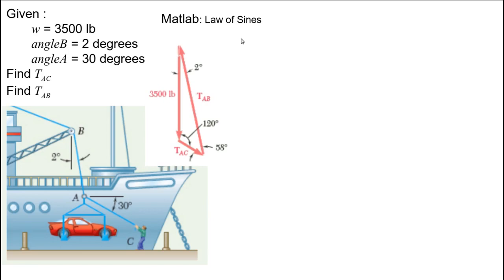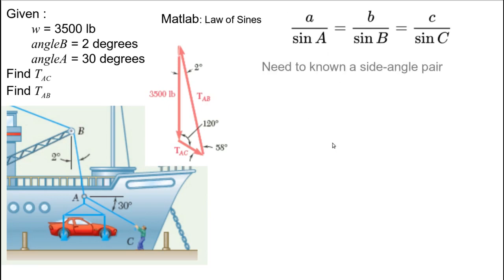We'll start using Matlab. But first we'll use the law of sines. You may remember the law of sines as this form: A over sine A, B over sine B, C over sine C. When you use the law of sines, basically you need to know a side angle pair.